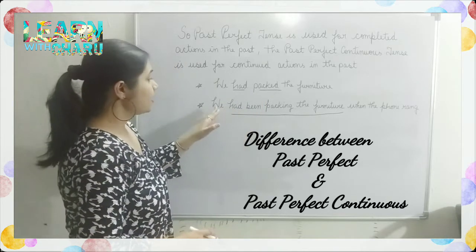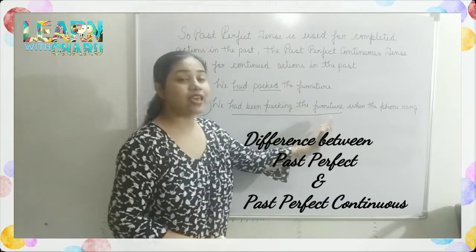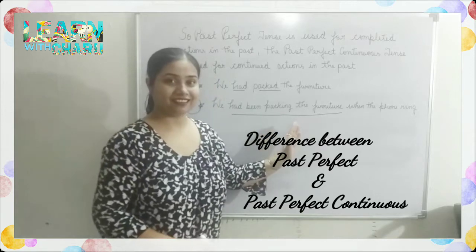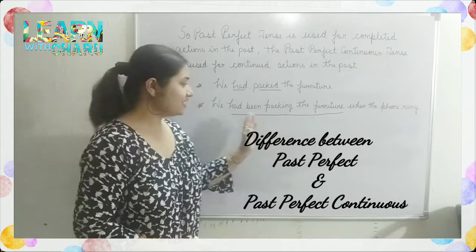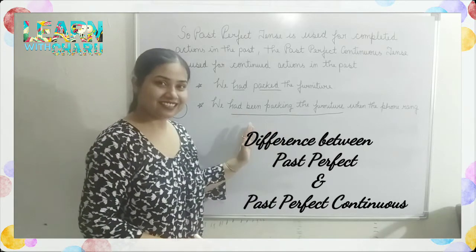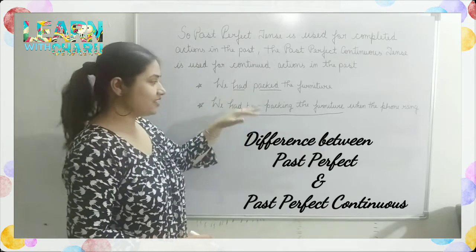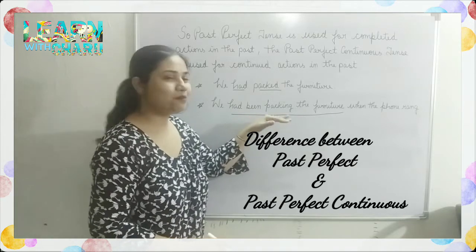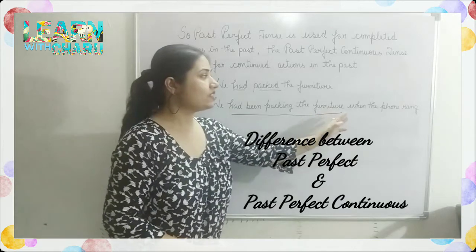Now look at this. We had been packing the furniture when the phone rang. We had been packing. Okay, now here the action is continuing and it is past perfect continuous tense. Okay, so here action is completed and here action is in the progress. The work is in the progress, that we had been packing the furniture when the phone rang.